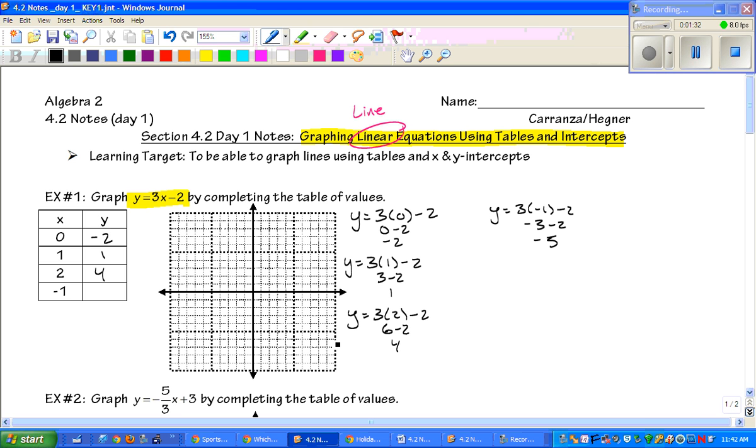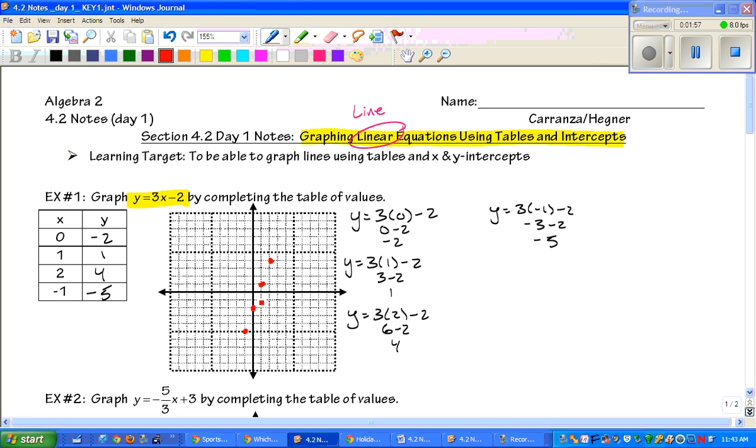Negative 3 minus 2 is negative 5. Okay, so now that we've got all of those, we can start graphing this. So we've got 0, negative 2; 1, 1; 2, 4; and negative 1, negative 5.